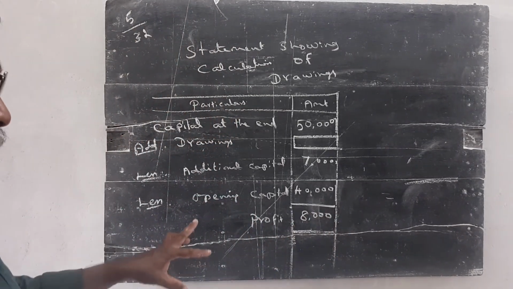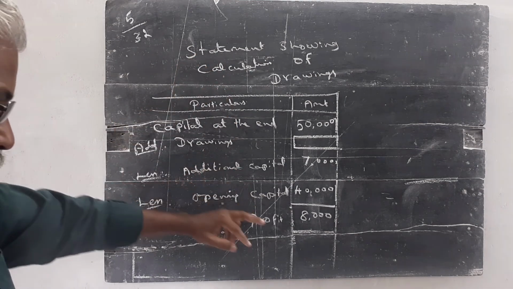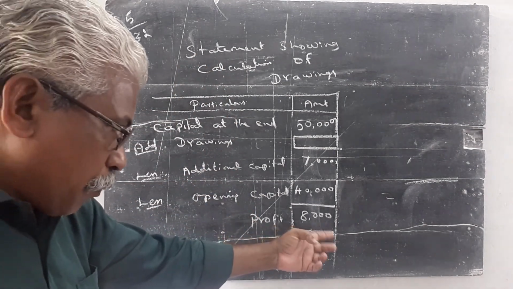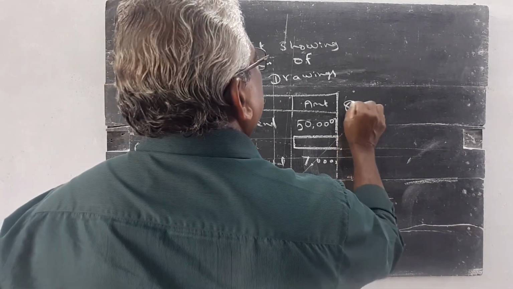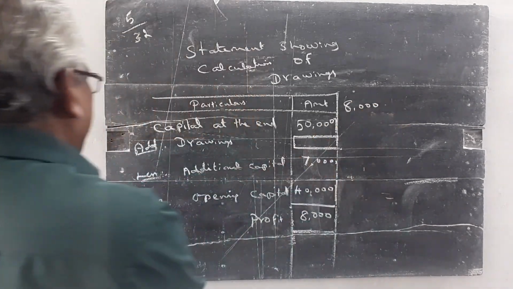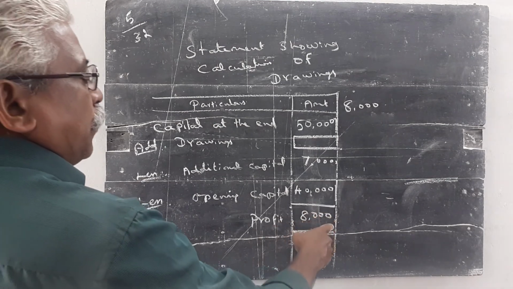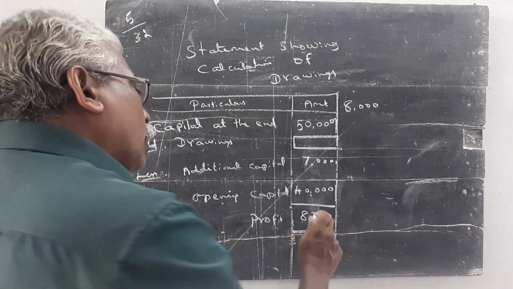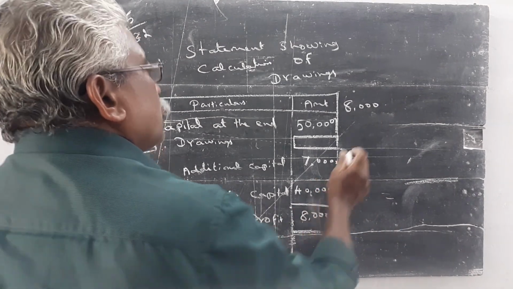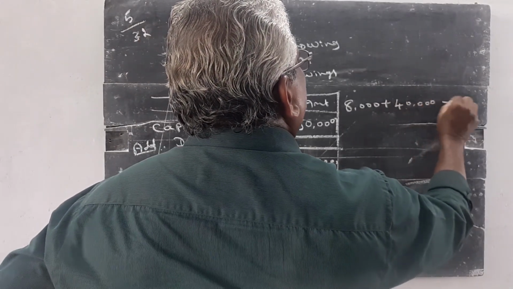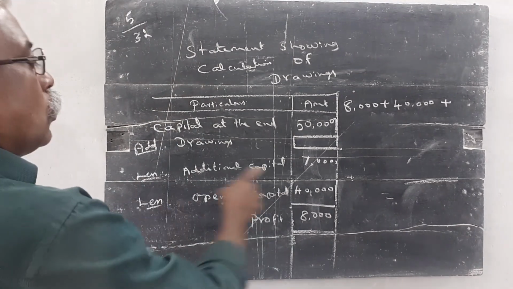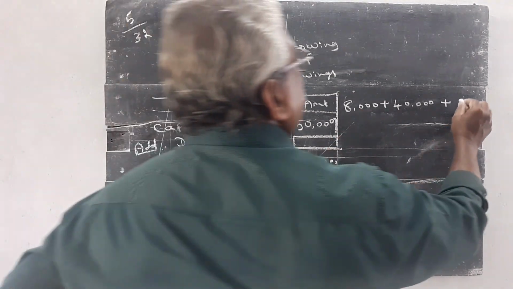To calculate the missing information, we have to go from the bottom. How do you write? This 8,000. Here less is given, but if you go from the bottom, 8,000 plus 40,000. Then here minus is given, so you have to plus 7,000.